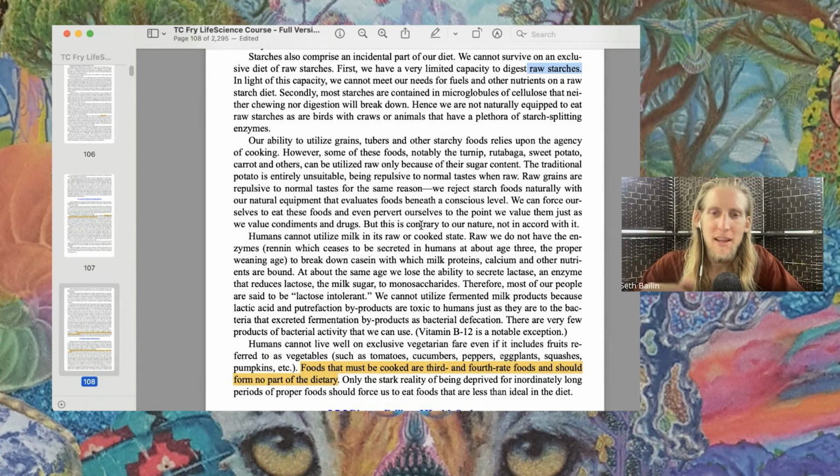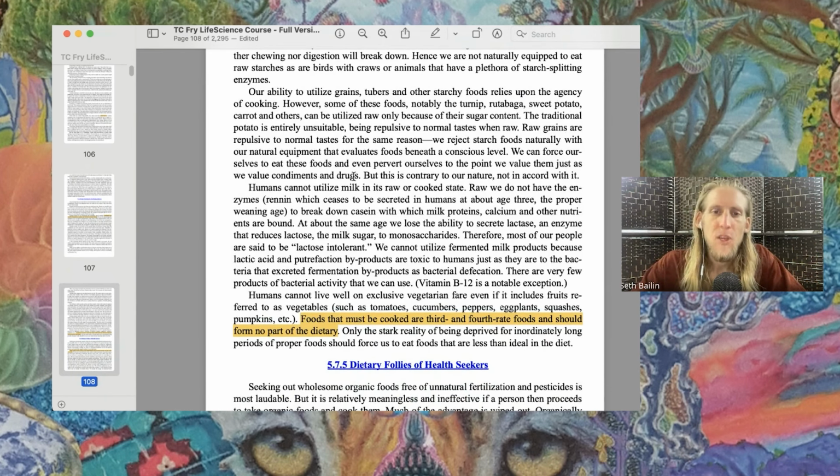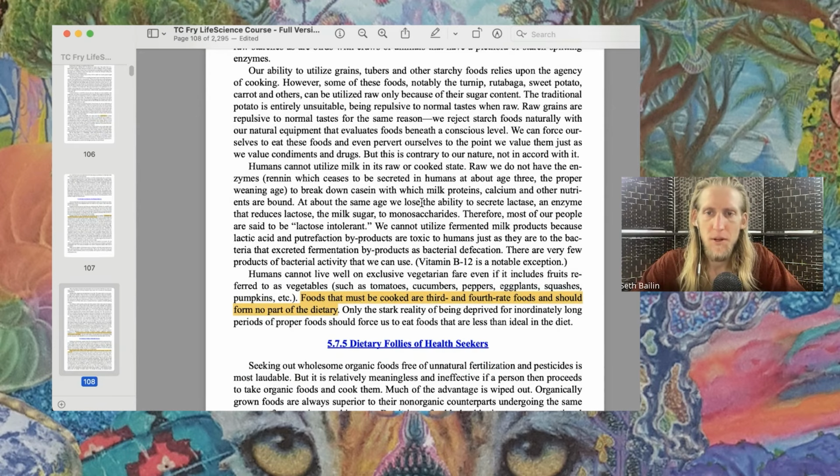And so they're just second or third rate foods. Humans cannot utilize milk in its raw or cooked state. I think some mothers who breastfeed might have to disagree with that. Maybe he means other animals. After a certain age, milk is not suitable for us anymore.